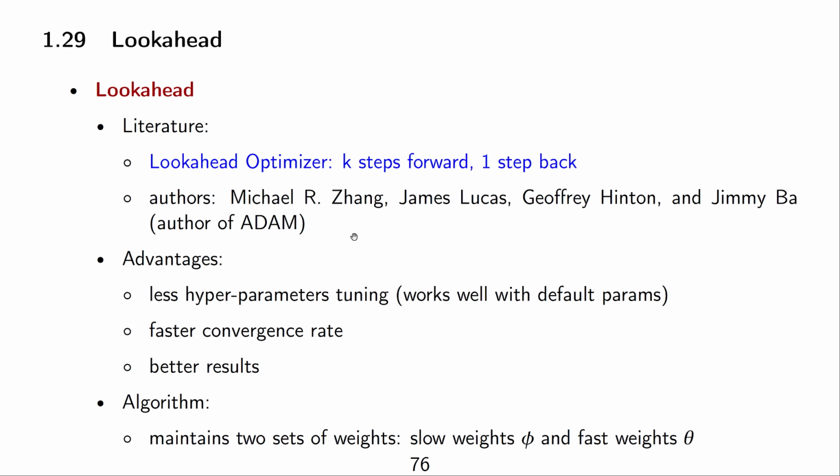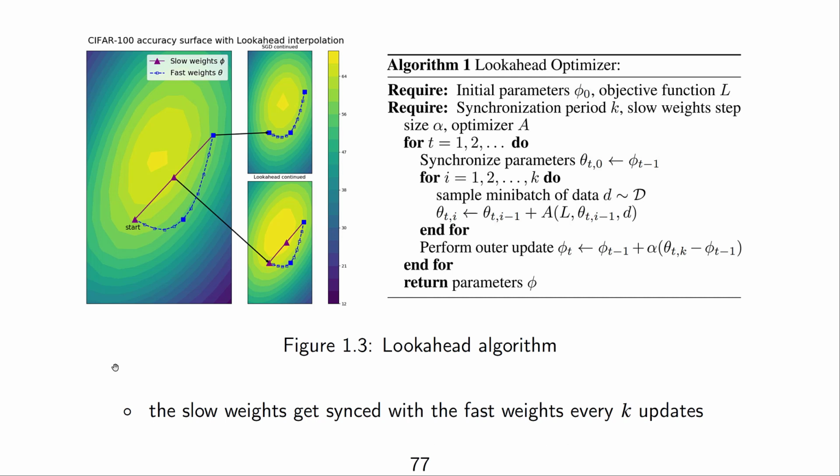Lookahead is another paper. This one is actually a very simple modification to existing optimizers, and one way to describe it would be k steps forward, 1 step back. The authors claim advantages as less hyperparameter tuning, fast convergence rate, and better overall results.